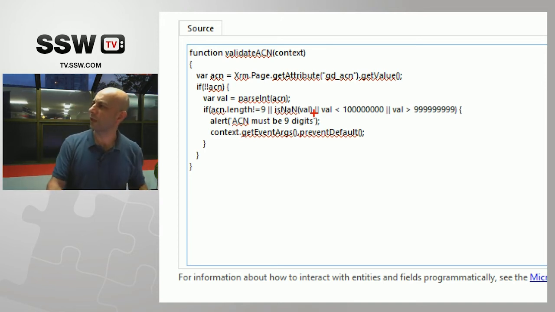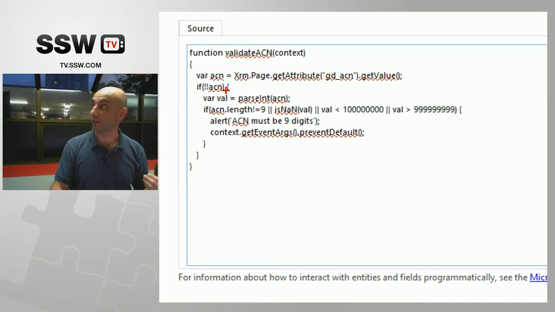So what we're doing here is trying to validate the context. We get an attribute, which is, remember, the prefix GDACN, and we get the value of this attribute.